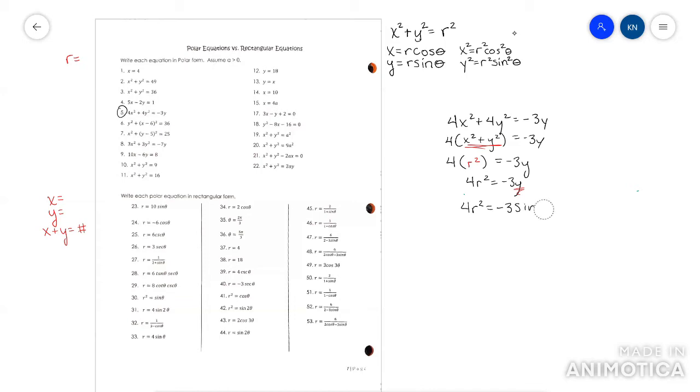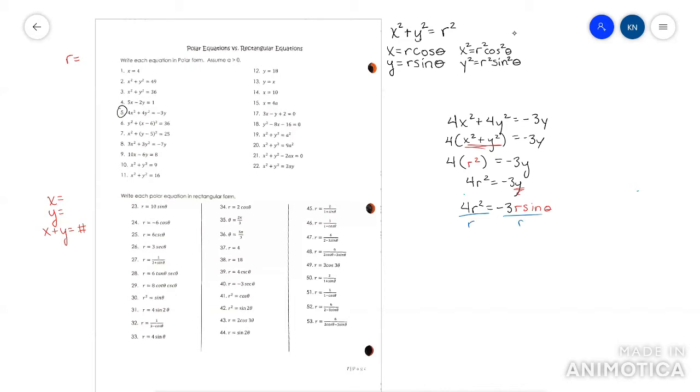I forgot the r. Hold on. Like that. And so now there's a couple different ways you could do this as well. You could send this to the other side and GCF an r out, but right now I would just take an r away from both sides by dividing by r.